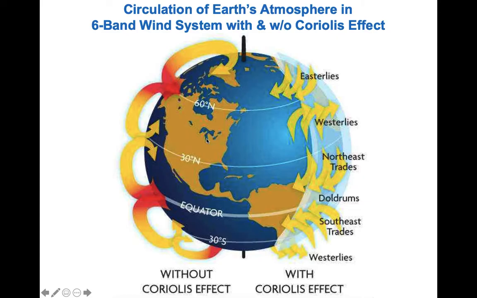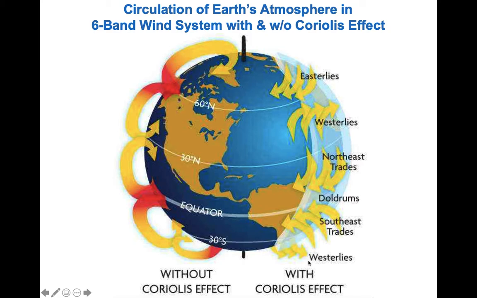on the face of the Earth in the atmosphere strongly affect the oceanic current systems. So if the Earth did not have the Coriolis effect, we would not have all these three different wind belt systems in the Earth. We could only have these cells with rising and sinking air masses and no curved motion of the air masses in the atmosphere.